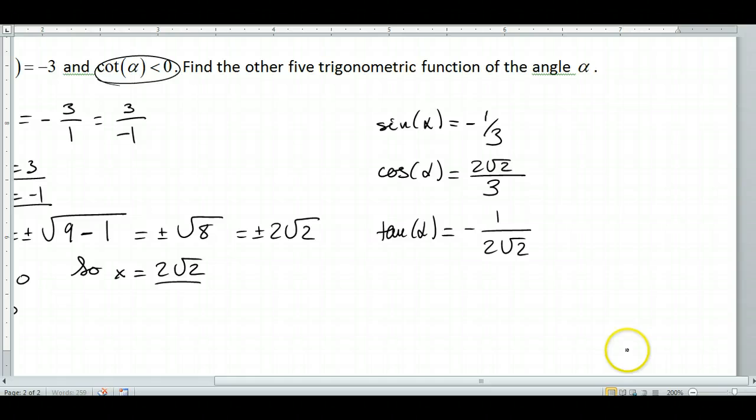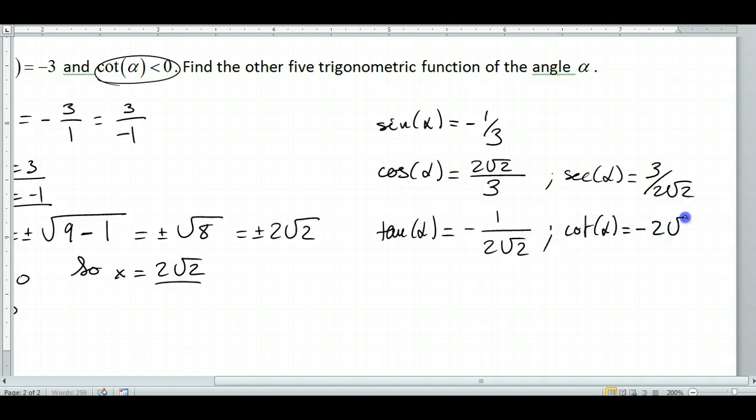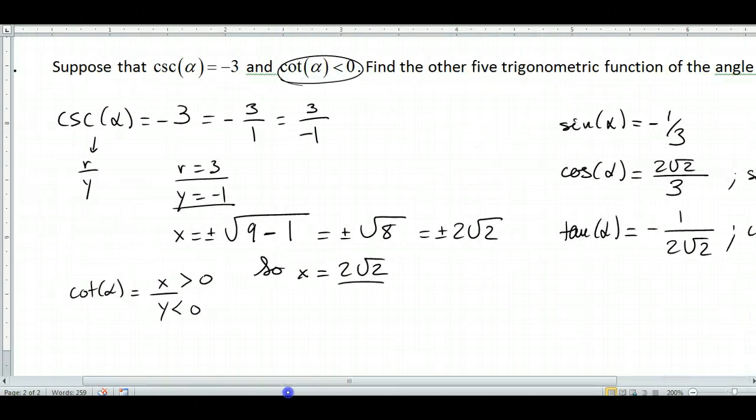Okay, yeah, -1/2√2. So then let's get also the secant of alpha, which is 3/2√2, and then the cotan of alpha, which is just -2√2. Okay, when it's over 1, I don't write it. Okay, that's it.